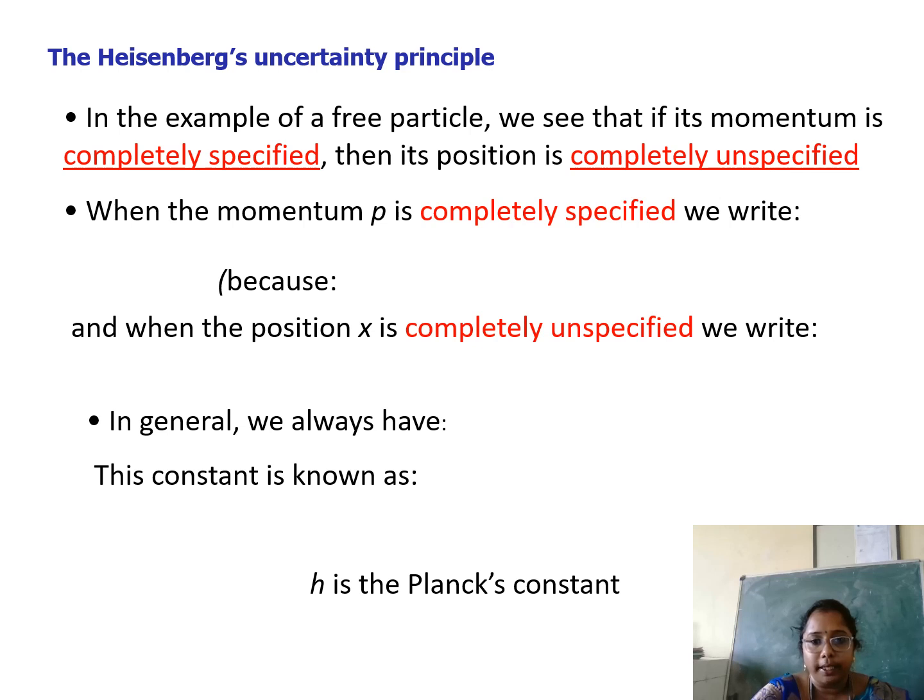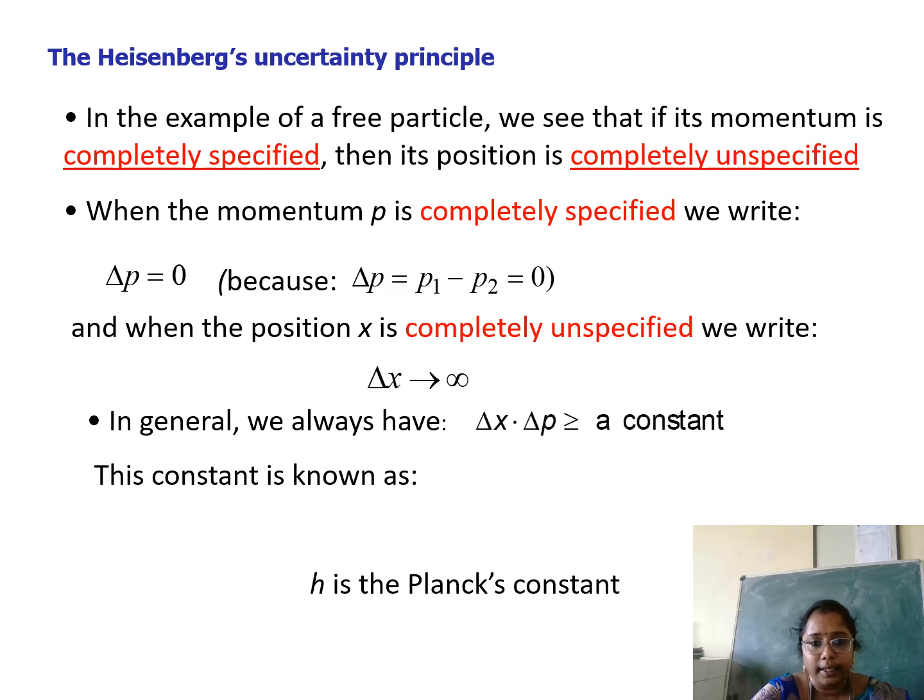When the momentum is completely specified, we write delta p tends to 0. When the position x is completely unspecified, delta x tends to infinity. So the product of the two uncertainties, delta x dot delta p, is always greater than or equal to h cut.